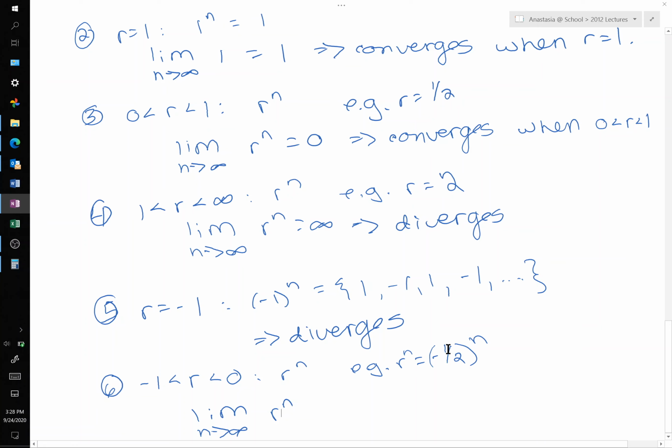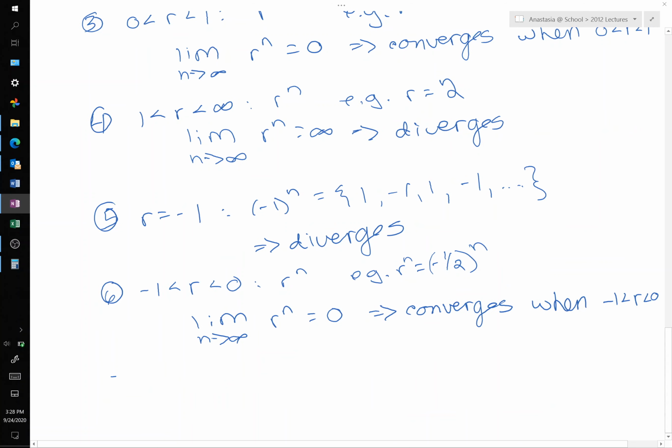But since our numerator is smaller than our denominator, when we raise it to larger and larger powers, the fraction is going to get smaller and smaller. So even in this case, the limit is equal to 0, which means that it converges when r is between -1 and 0.